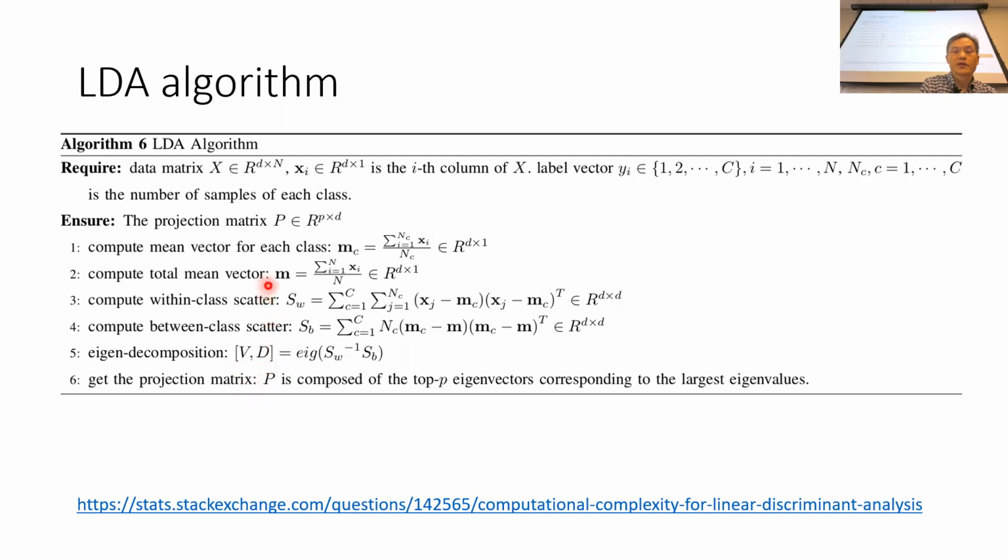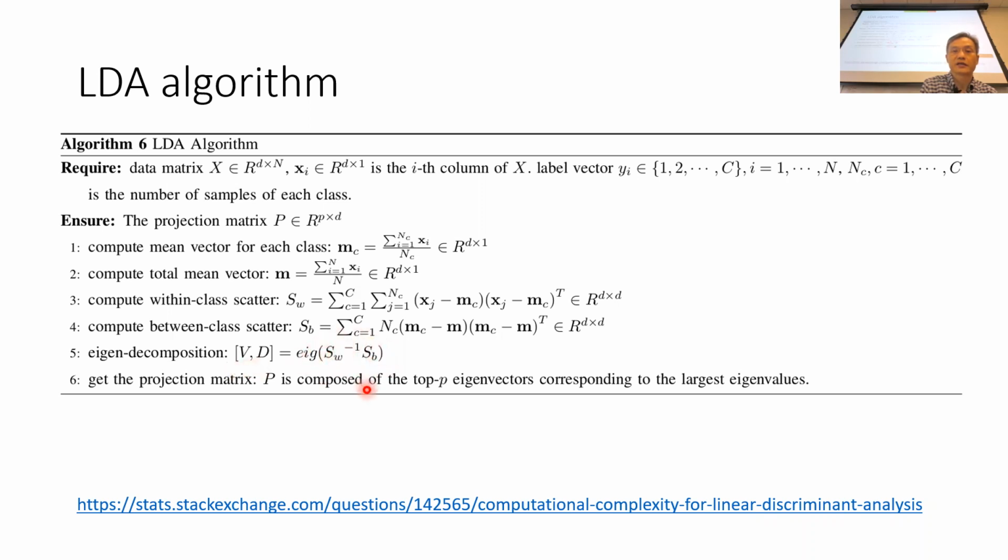When you compute the mean here, the purpose is to help you compute the variance matrix. So you take an inversion of the within class variation matrix and multiply it by the between class matrix, and then take the eigen decomposition.